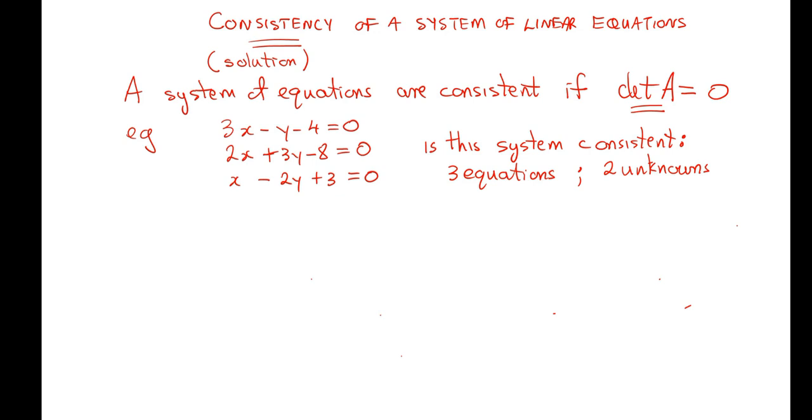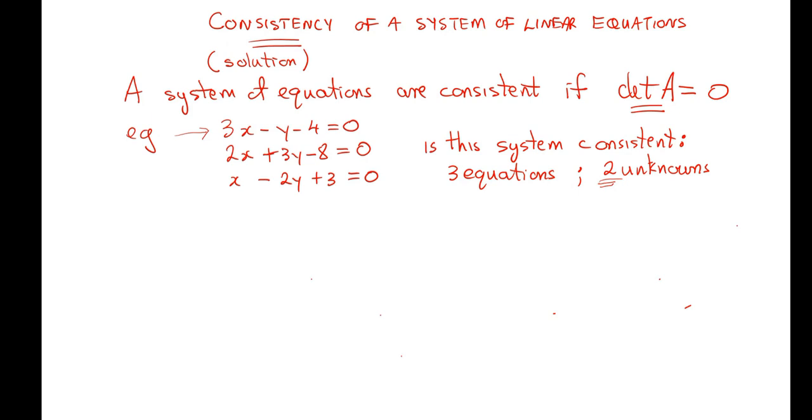So how do we go about solving this? Remember, to solve a system of equations of two unknowns, we only need two equations, but here we have three equations. So I can choose any two of those equations and solve for x and y, as we did in school.